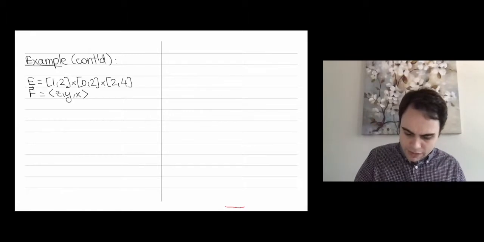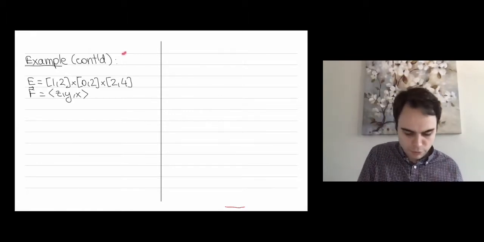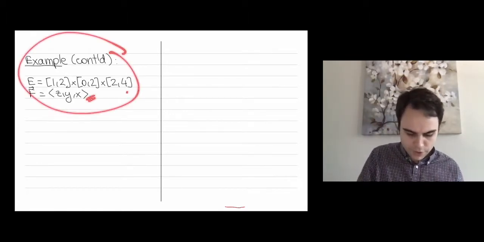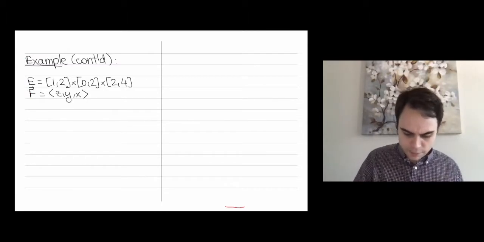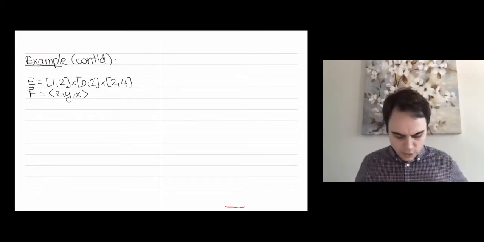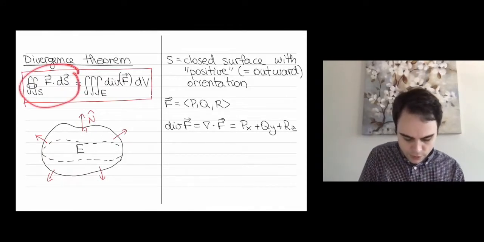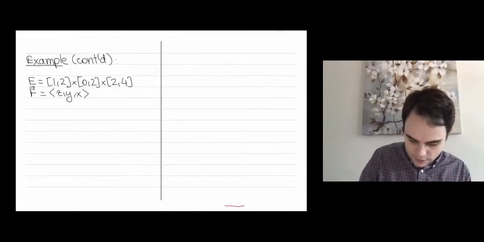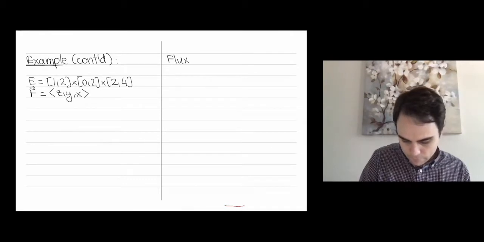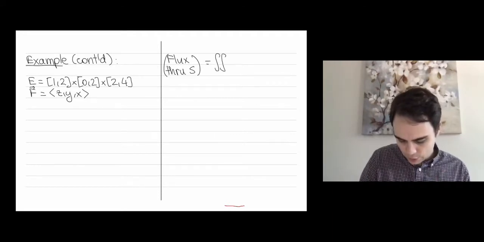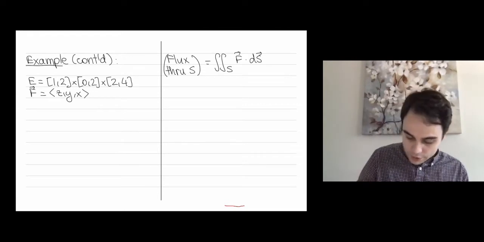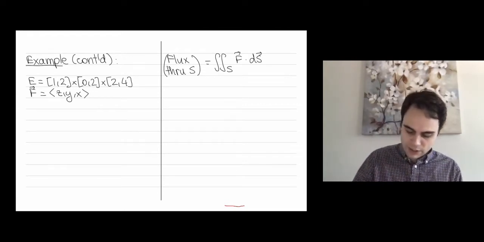So here, let's use the divergence theorem to compute the flux of F out of this box. The ingredients are the flux through all 6 sides. Let's call that S. That's the double integral over all 6 sides. Here's something I didn't mention in the previous slide.